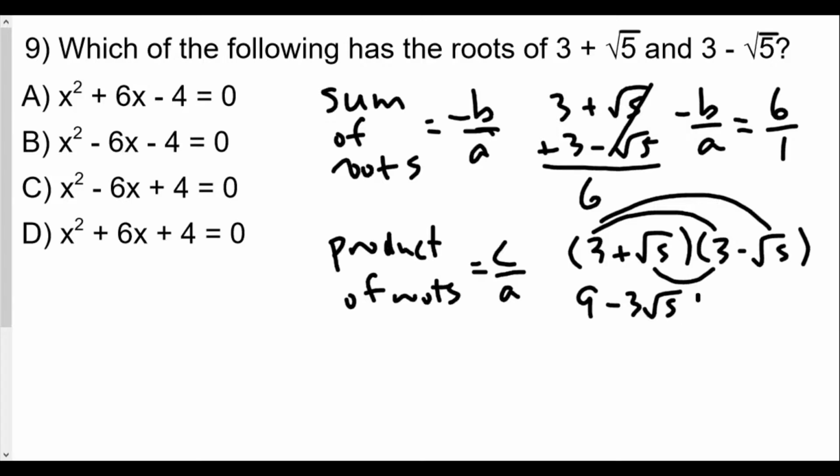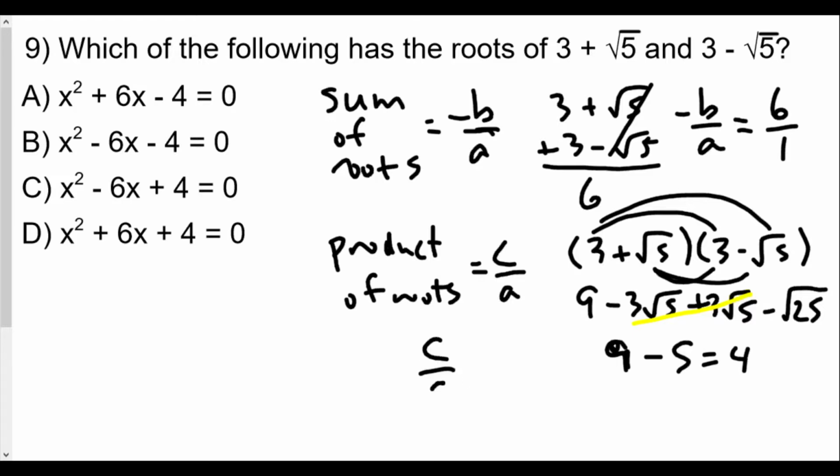Square root of 5 times 3 is plus 3 square root of 5. And negative square root of 5 times positive square root of 5 is negative square root of 25. Now, these two middle terms will cancel each other out. And we're left with 9 minus square root of 25, which is really 9 minus 5, which is 4. So that means c over a equals 4 over 1.